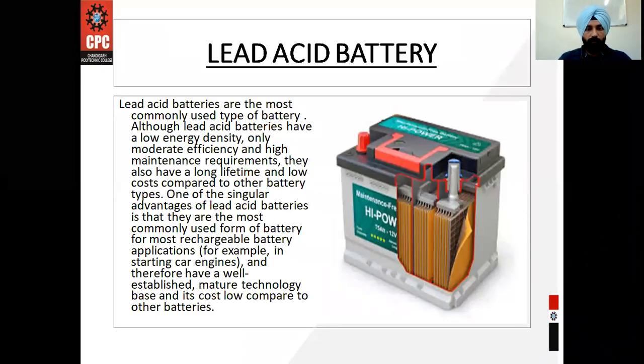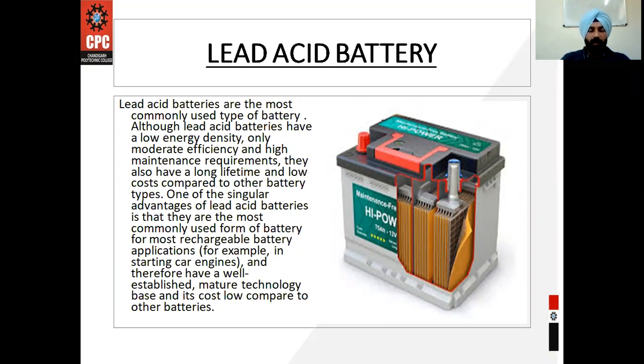Introduction of lead-acid battery. Lead-acid batteries are the most commonly used type of battery. Although lead-acid batteries have a low energy density, only moderate efficiency and maintenance requirements, they also have a long life and low cost compared to other battery types.